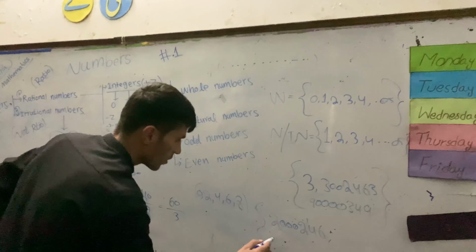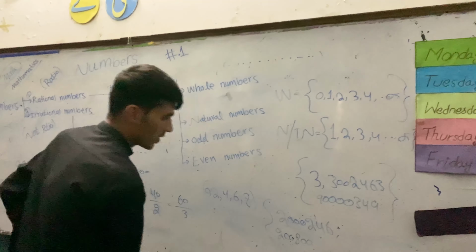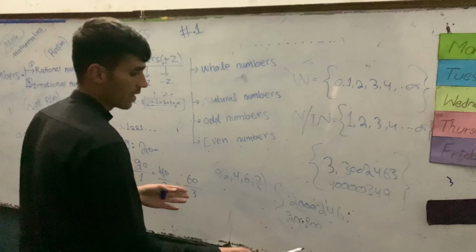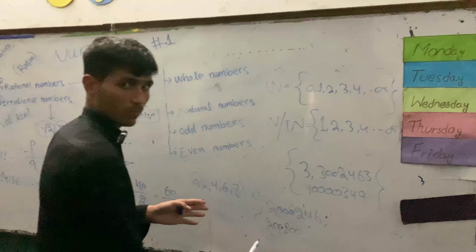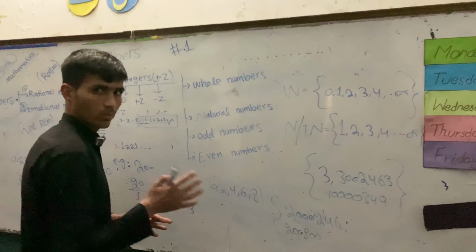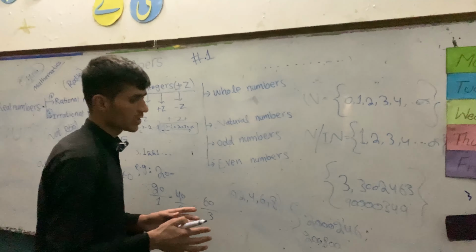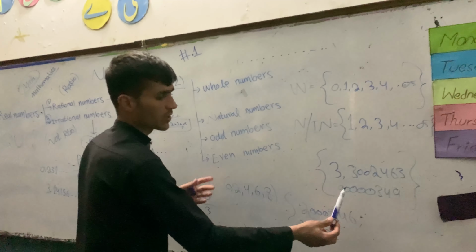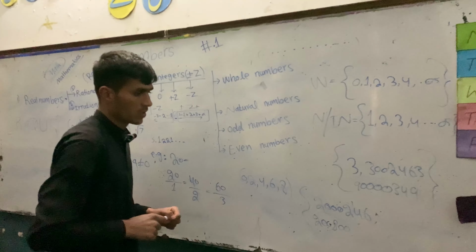If you are given a number, this is also an even number because the first digit from right to left is 0. And if you divide this number by 2, it will be completely divided. The remainder would be 0. Complete division means the remainder should be 0. If you divide the odd number by 2, the remainder will not be 0. But if you divide the even number by 2, the remainder would be 0.